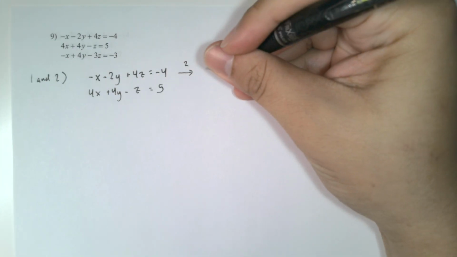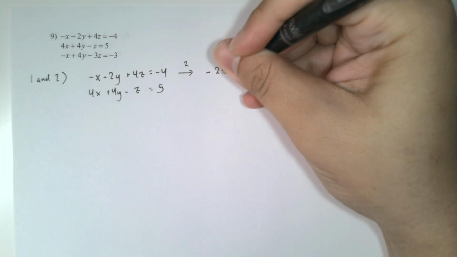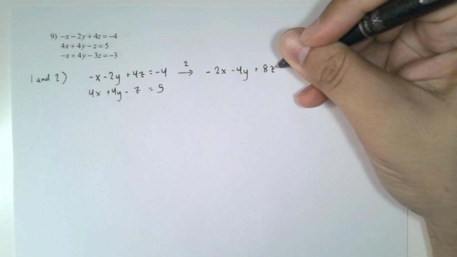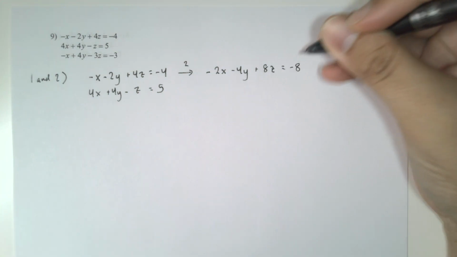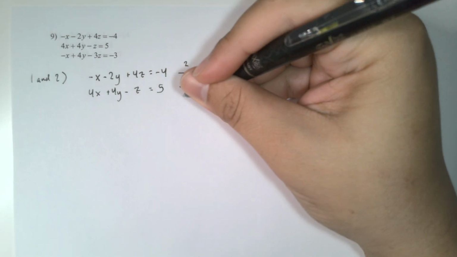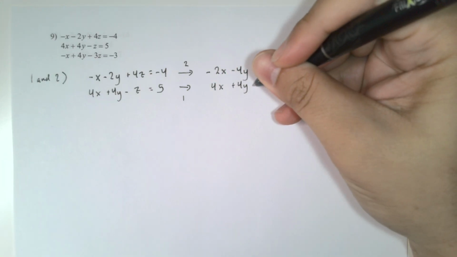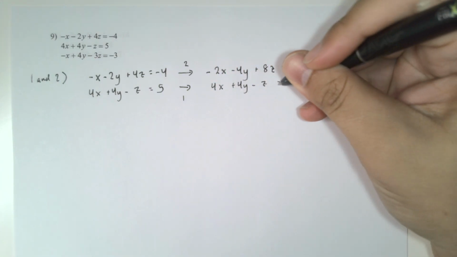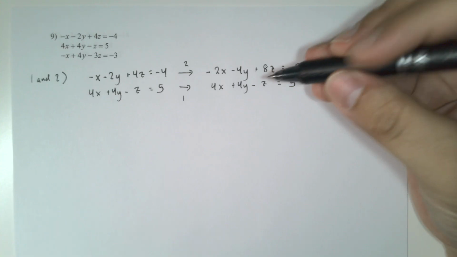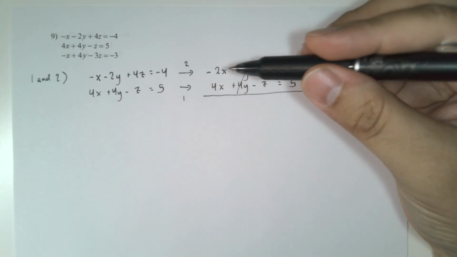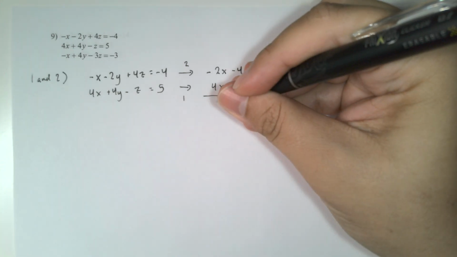So multiplying by 2, we have negative 2x minus 4y plus 8z is equal to negative 8. And if we keep the bottom equation the same, this is going to be a 4x plus 4y minus z is equal to 5.